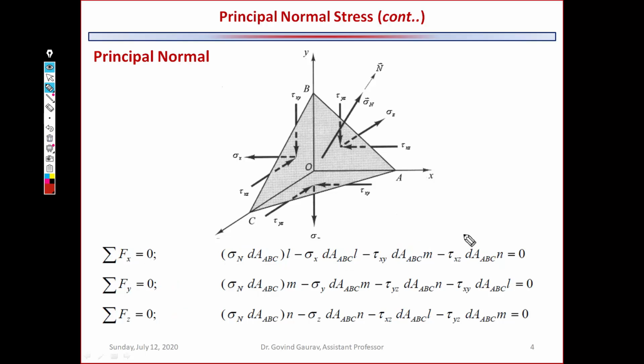When we have written the equations in the three corresponding directions, x, y and z, we can see that the small elemental area dA of ABC is in all these equations. So we can eliminate dA from all three equations, and then we will be left with the modified three equations, the equilibrium equations in x, y and z directions.